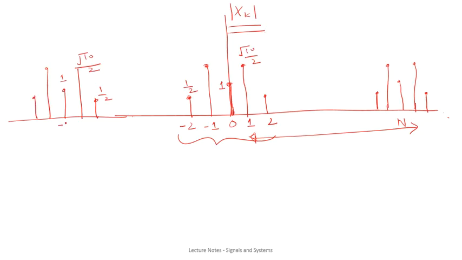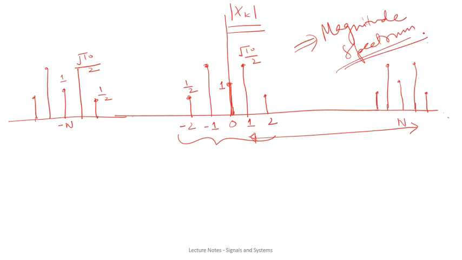Okay, so this represents minus N. So this is called the magnitude spectrum. This is the magnitude spectrum for this problem.